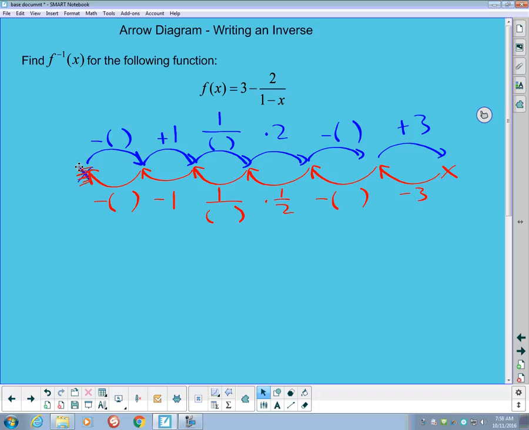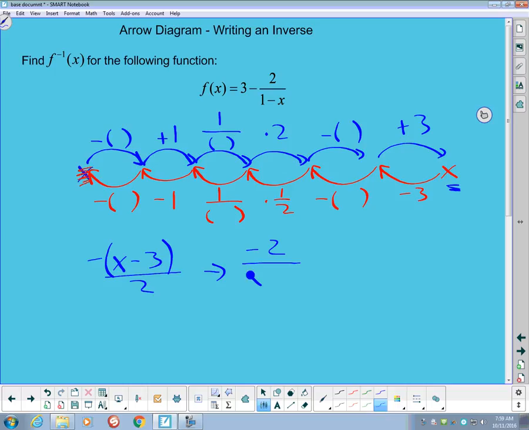So now all we need to do is start with this x down here, and one step at a time we'll follow the arrows and do what it tells us to do. So start with the x. It says subtract 3 from that x, change the sign on that whole thing, multiply by 1/2, and now we need to flip that whole thing over. We could write that a number of different ways. I'll go with negative 2 over x minus 3.